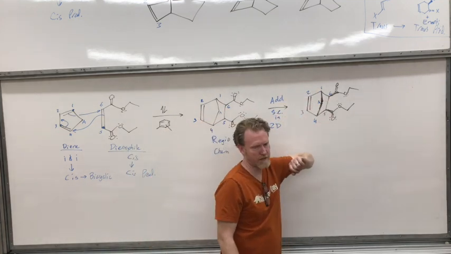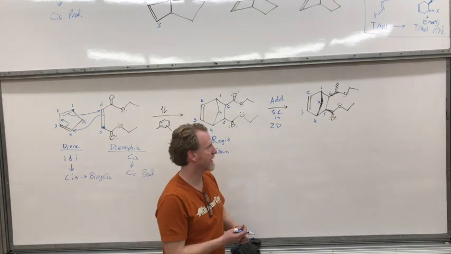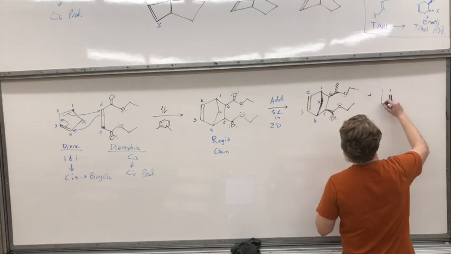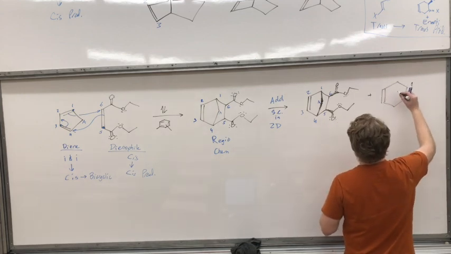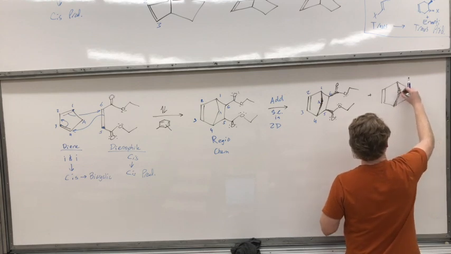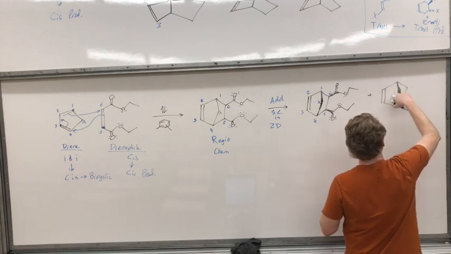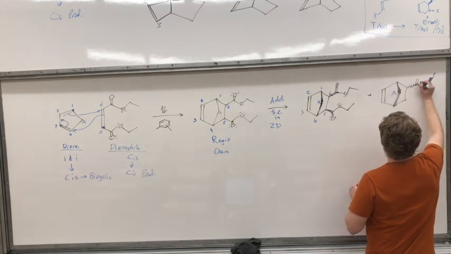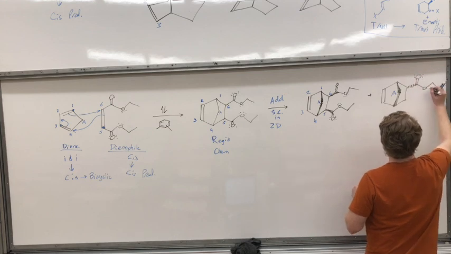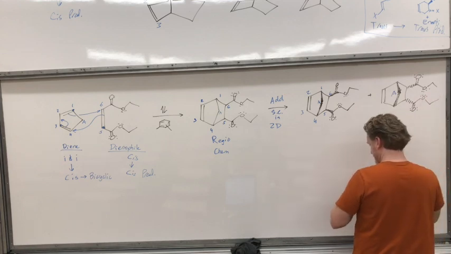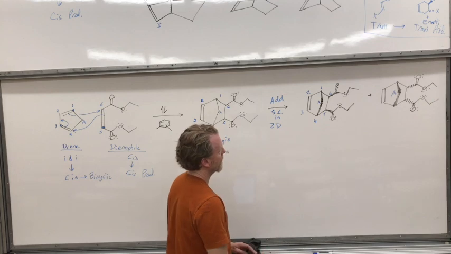And then these 2 esters have to be cis. Is there another arrangement that I can have? Yes. I can also have this. And that's actually all that you can have.